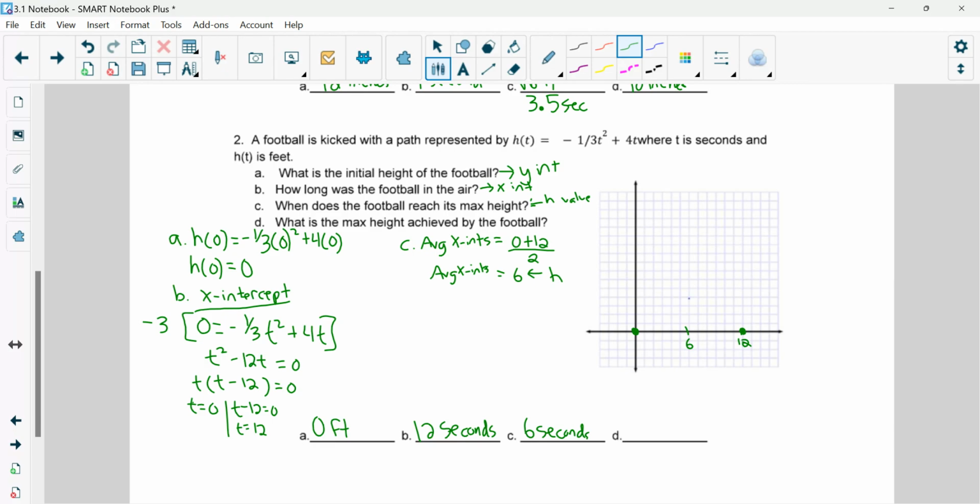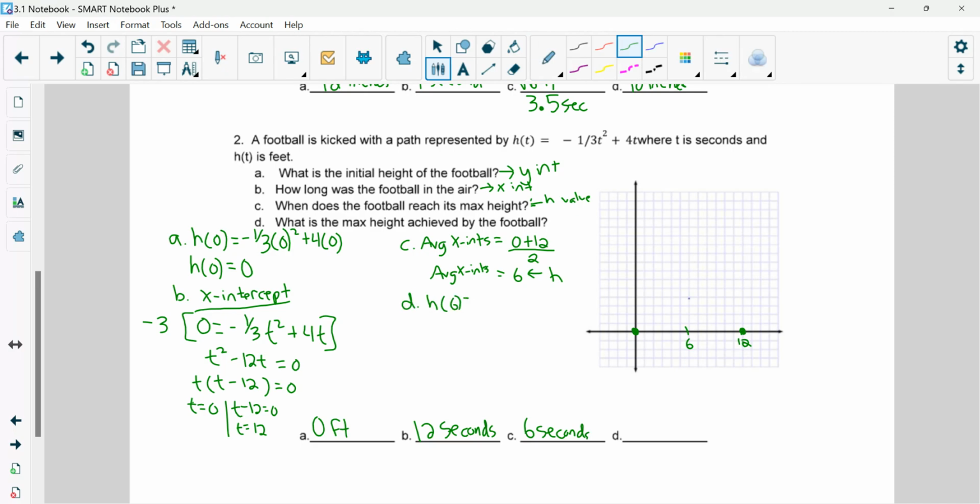And the last one is asking, what is the height of that football at the max? So we just want to find the height when t is equal to 6. So we can just find h of 6.